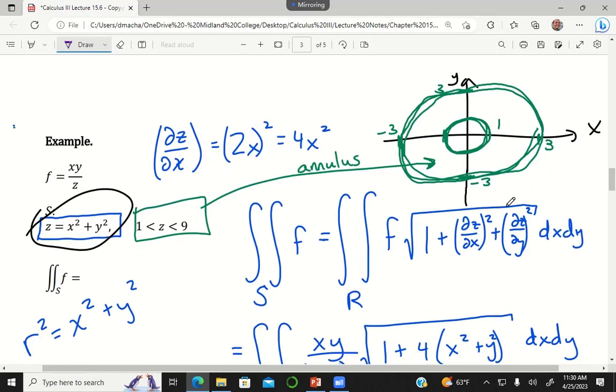Let's talk about why this might be 0. We're talking about a surface integral over a scalar field, and my surface is radially symmetric, so it's the same in all directions away from the z-axis. My scalar field is going to be positive in the first and third quadrants, and negative in the second and fourth quadrants.